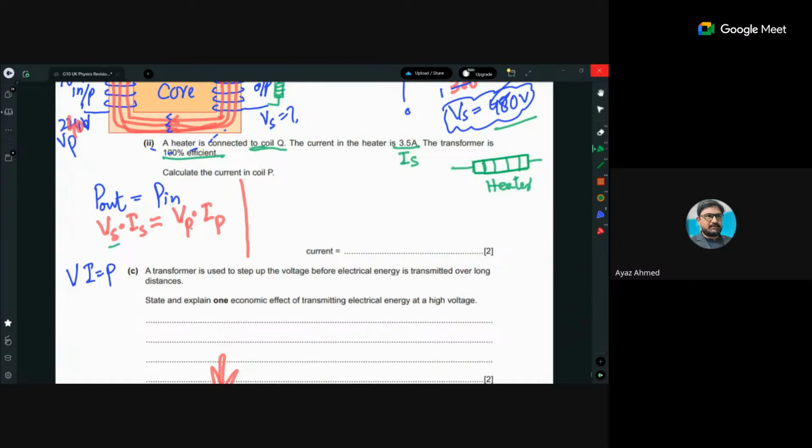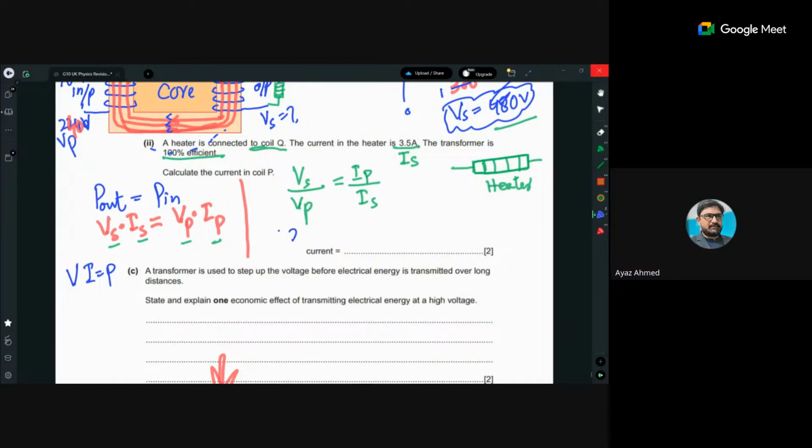So we have Vs and Is and Vp also. We can calculate the primary coil current. So just write it this way: Vs divided by Vp would be shifted to the other side. Vs by Vp is equal to Ip divided by Is, because that is inversely proportional. So Vs is how much?